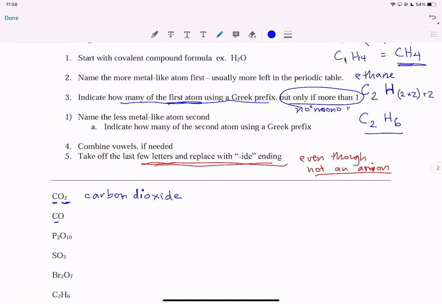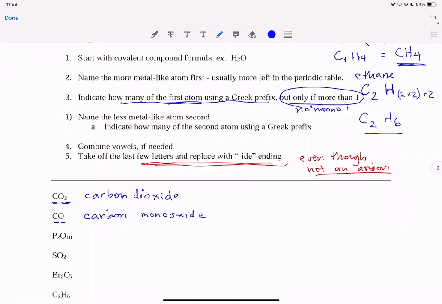This next example is CO. So this again is 1 carbon. So you don't start with mono if there's 1 for the first element. For the second element though, which is oxygen, I'm going to write oxide for that. Okay, so not oxygen, but oxide, because you have that IDE name ending. This is 1 of those oxygens, so I would write mono.